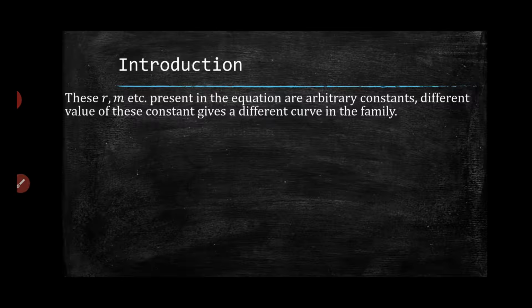Next, so we can see that in a family of curves, the most important factor is the arbitrary constant. So in the first case, x square plus y square equals r square, that r was the arbitrary constant. In case of y equals mx, that m was the arbitrary constant. So if I go on changing the value of r, I get different members of the family.